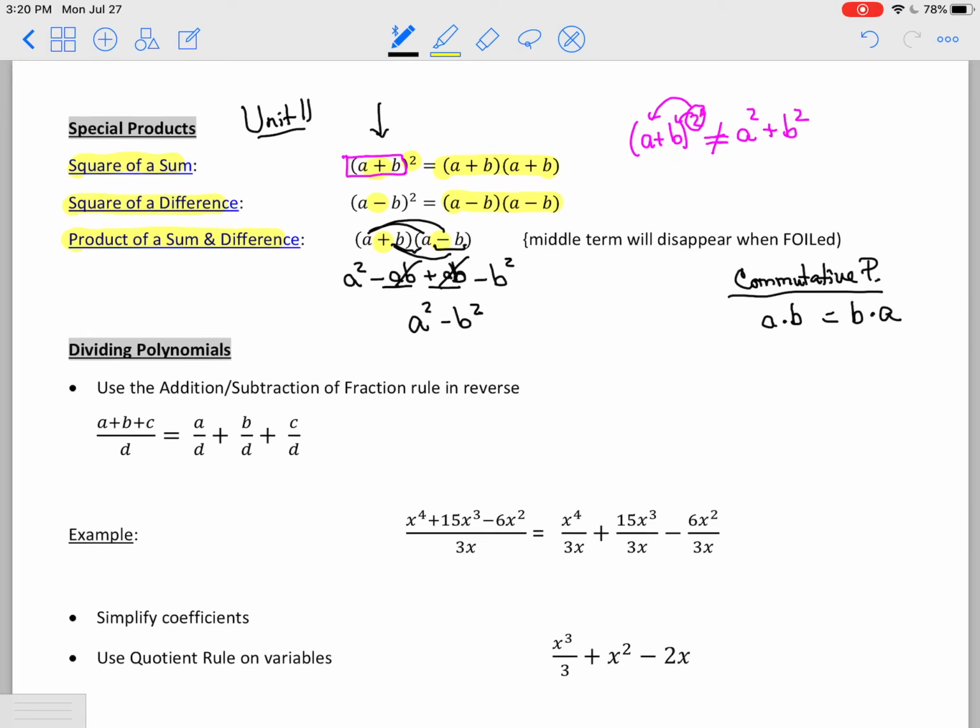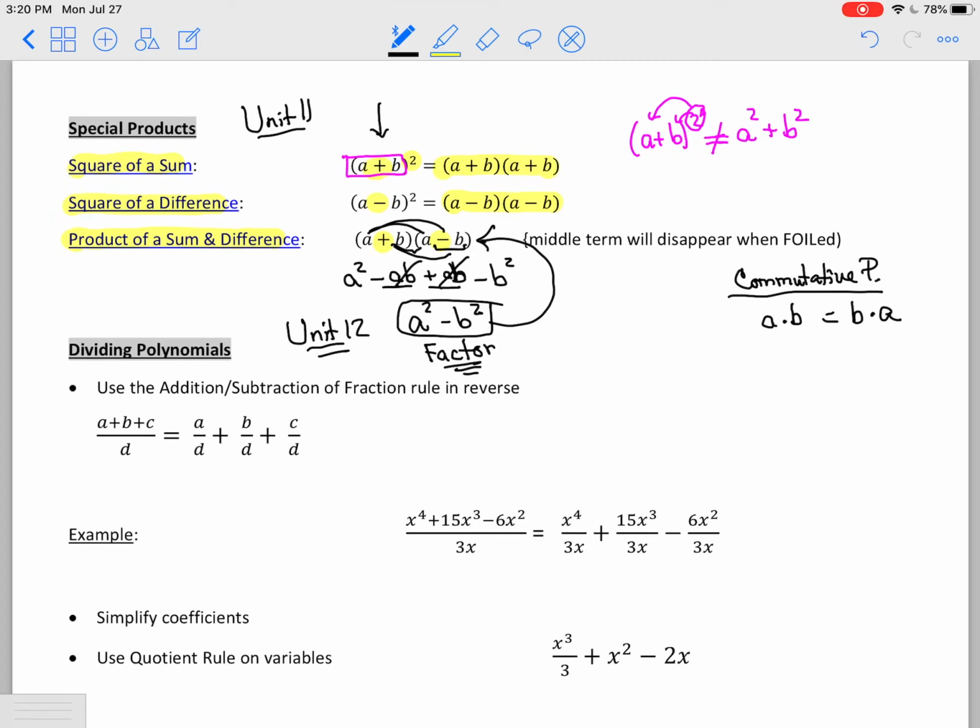In Unit 12, we're just going to be going the opposite direction. So in Unit 12, this is going to be a special case called a difference of squares. And interestingly enough, our job in Unit 12 will be to factor this baby, meaning find the two factors that when multiplied together come up with this, and we are going to be factoring back down to the quantity a plus b times quantity a minus b.